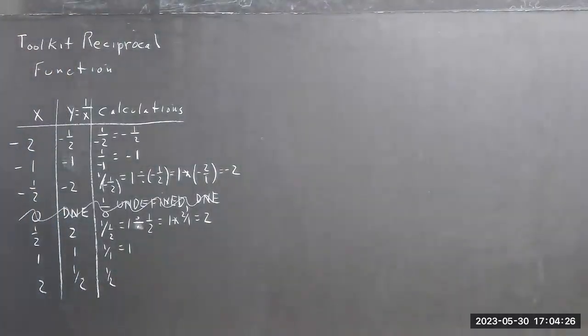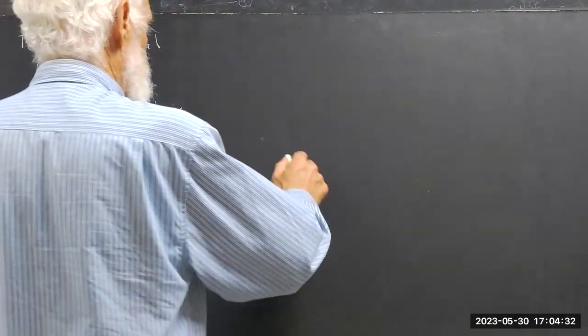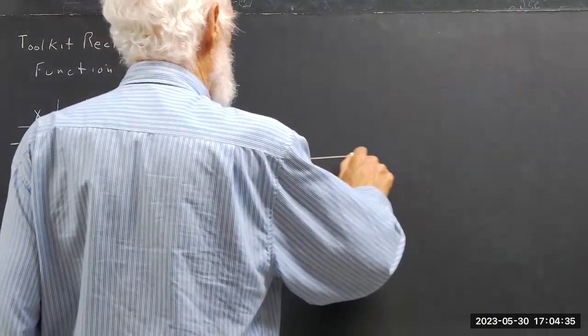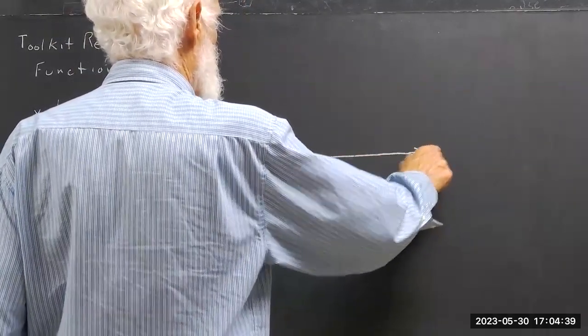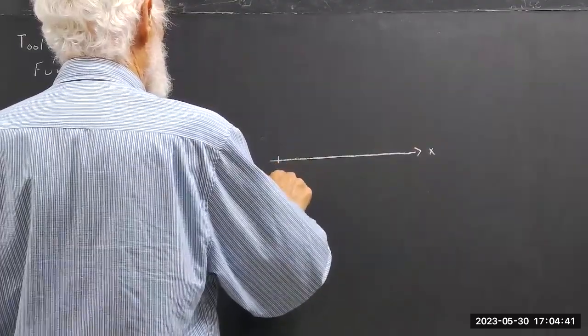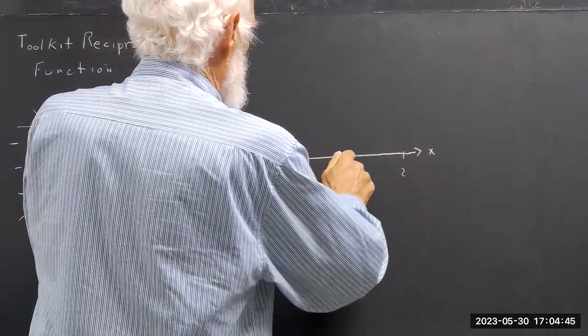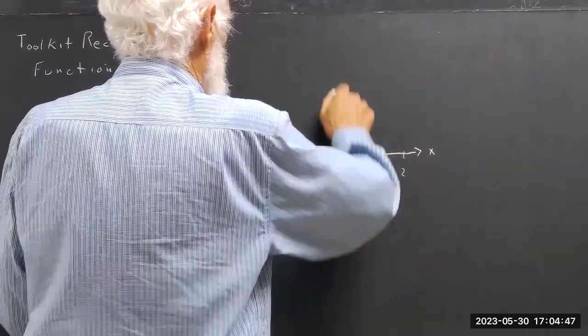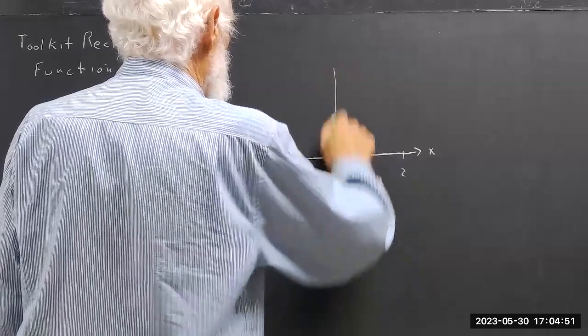So let's see what it takes to plot this. And we'll start with the x-axis. We'll take the interval from -2 to 2, divide that interval in half, and we're going to get 0. And of course, then we're going to have a y-axis going through x equals 0.